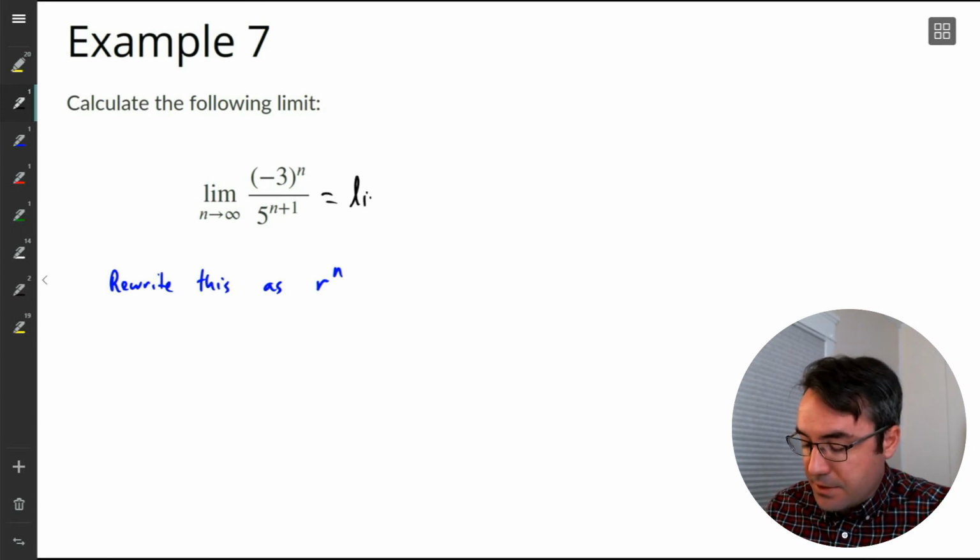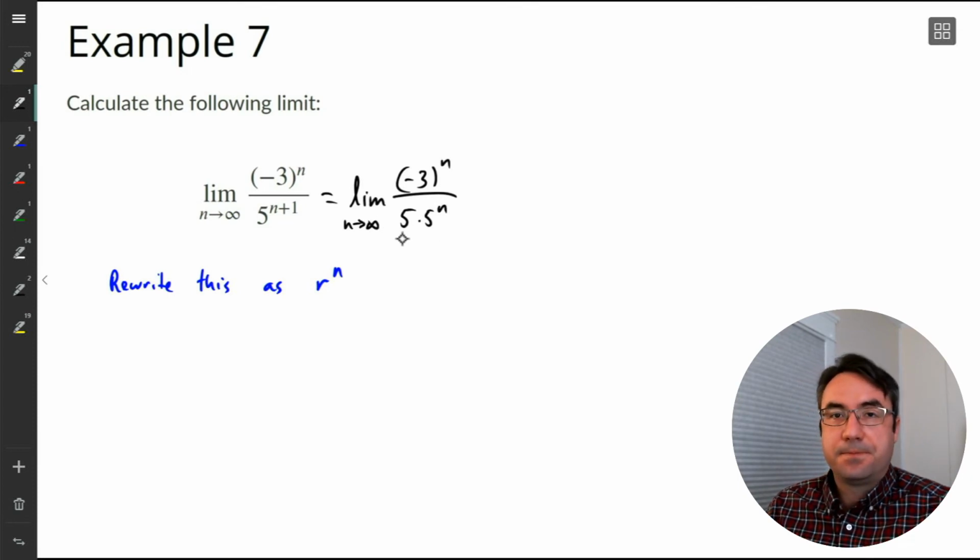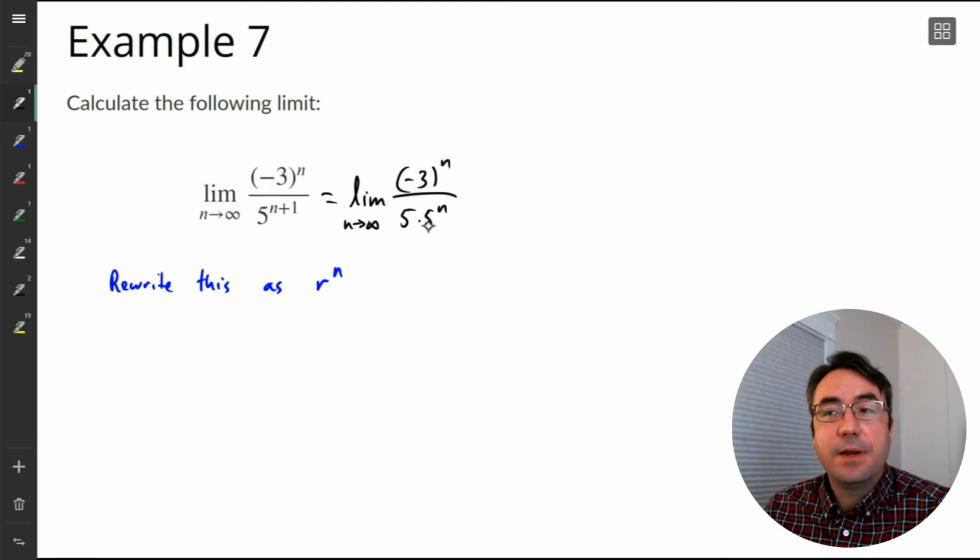So we're going to rewrite our sequence. We're just going to break this up, so it's going to be 5 times 5^n. That's just an exponent law. When we have addition in the exponent, that becomes multiplication of the bases.